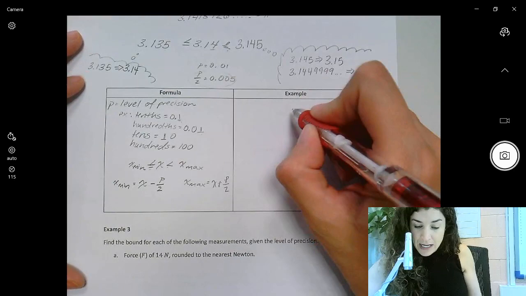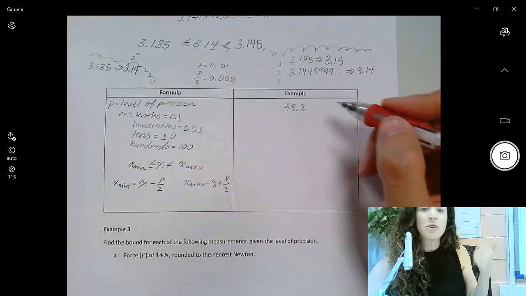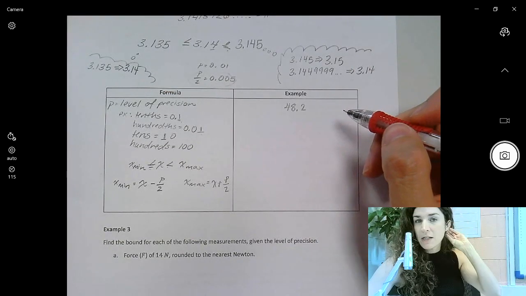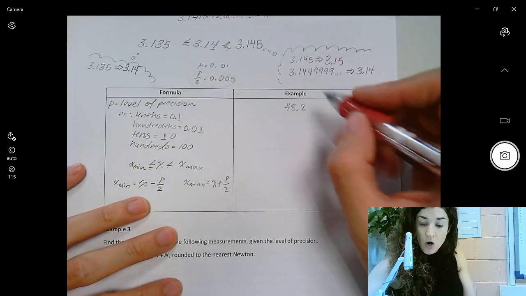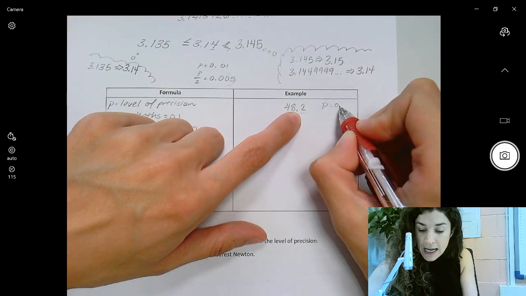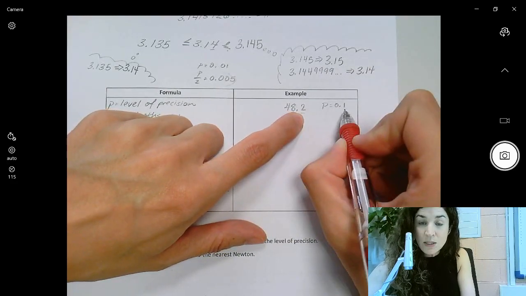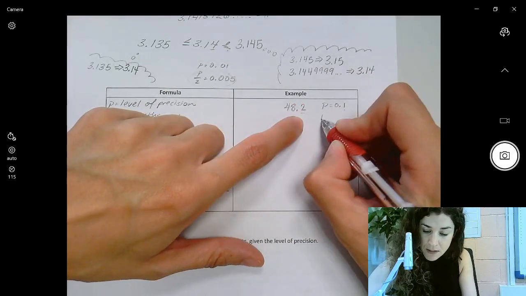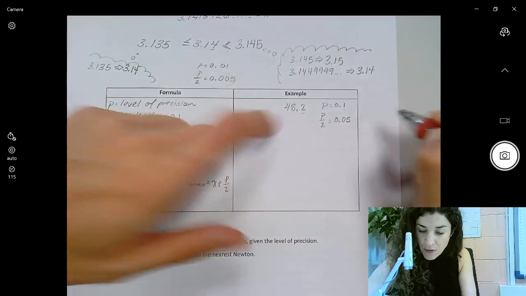So let's go through an example. Let's say that we rounded a number to 48.2. So we rounded it maybe to 3 significant figures, or maybe we rounded it to the 10th place or to 1 decimal place. So if we rounded it to this spot, your P would then be 0.1. So notice it's to the same spot, it's just 1. Then your P over 2 would be 0.05.